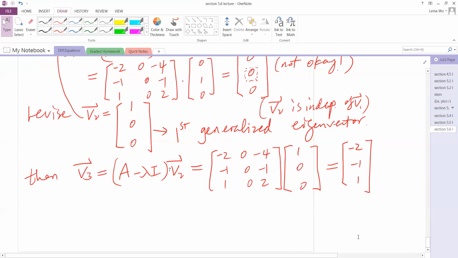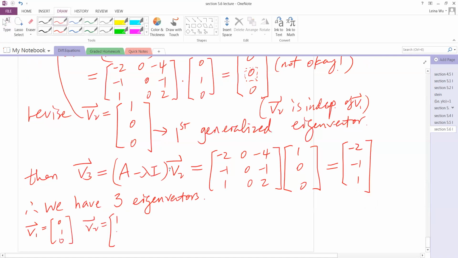Okay, did I run out of space? I'm writing too big. So we have 3 eigenvectors listed. V1 is 0, 1, 0. V2 is 1, 0, 0. And V3 is -2, -1, 1.